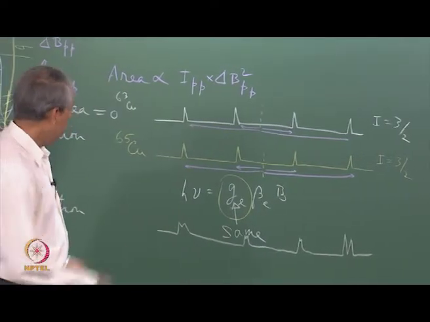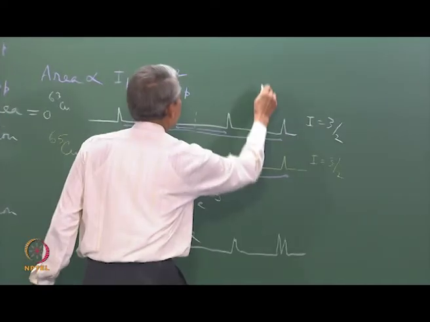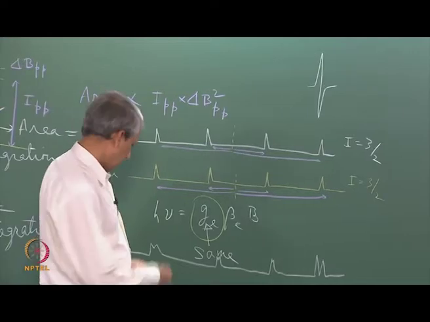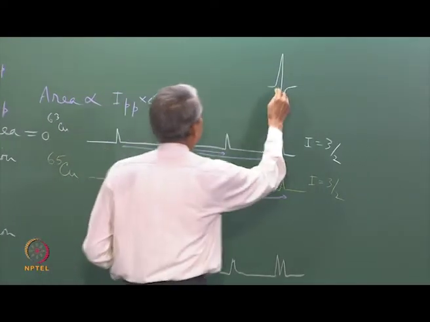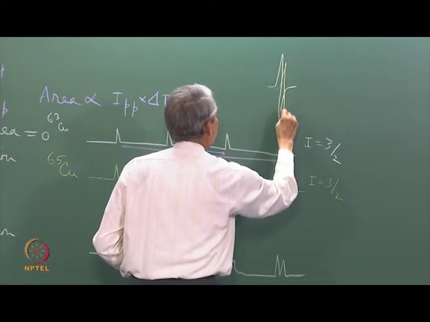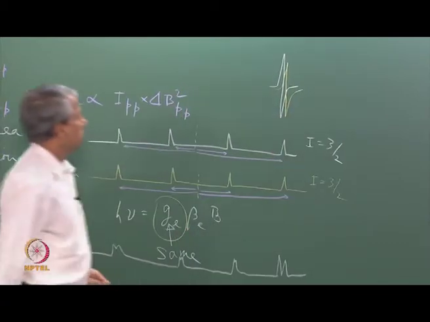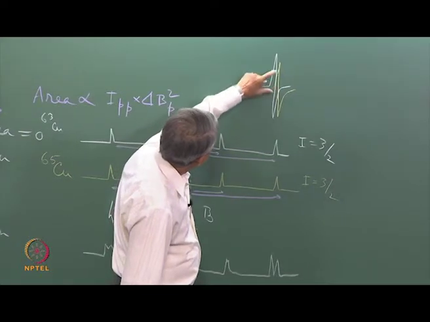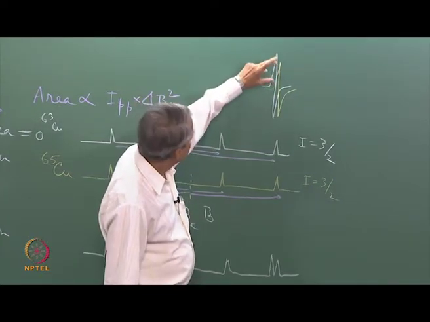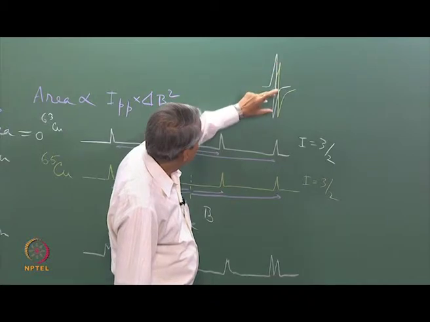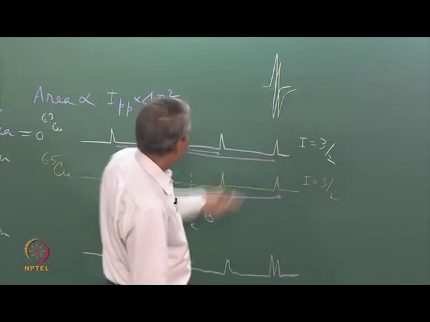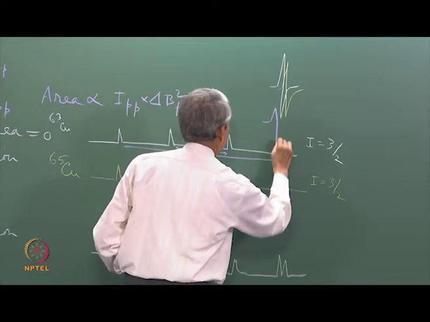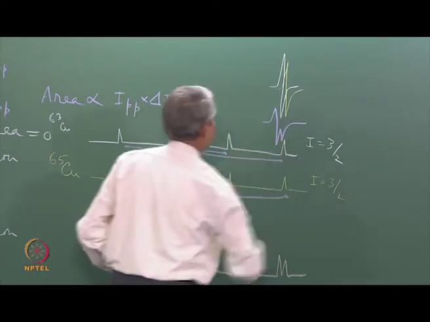And when you take the derivative, let us say here we get one line which looks like this, this type of derivative signal, and another line like this type of thing. So, there is a partial cancellation of this part of the spectrum with this part of the spectrum. So, the net result is that we get a spectrum which looks like this type.